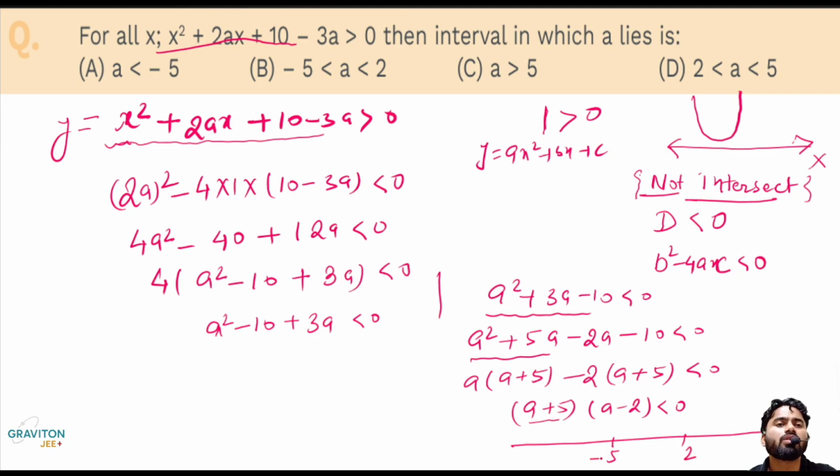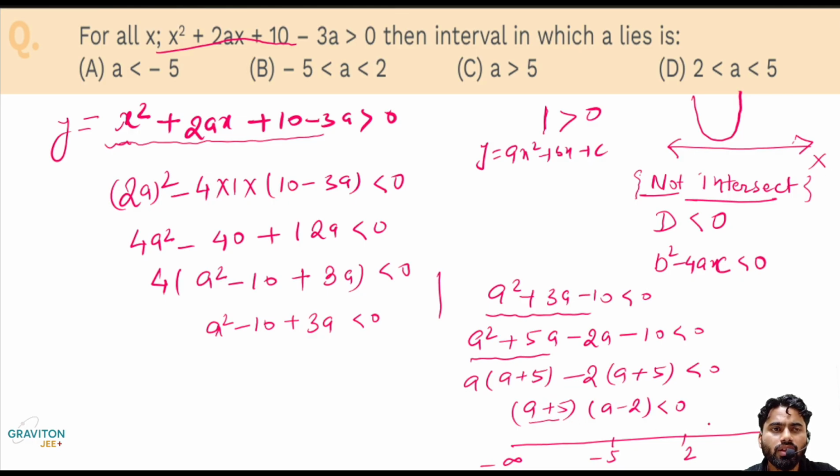On the real number line, minus 5 and here 2, and this side plus infinity, and this side minus infinity. So you have to take the interval in which this product is negative, right? So put any number greater than 2. Take 3. 3 minus 2 will be positive, and 3 plus 5 will also be positive.